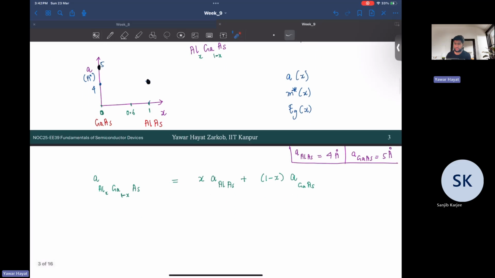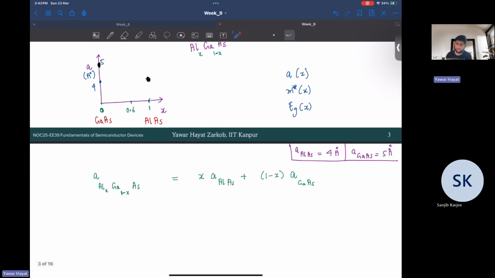Now I also know that for x equal to 0, this is gallium arsenide, right? So if I put x equal to 0 in this, the x times lattice constant of aluminium arsenide term would not be there, because x equal to 0, this would cancel out. I'll be left with 1 minus x, which would be 1 because x is 0.